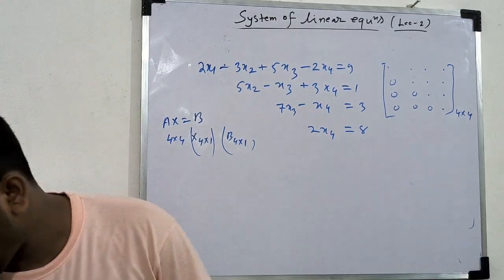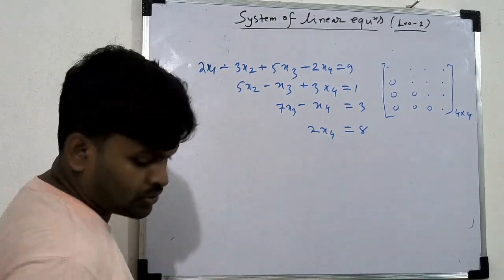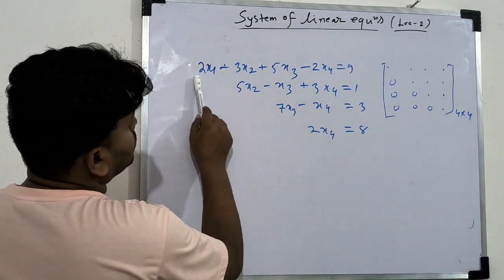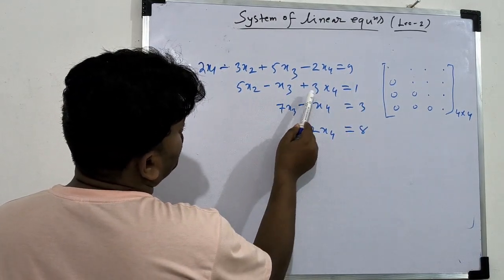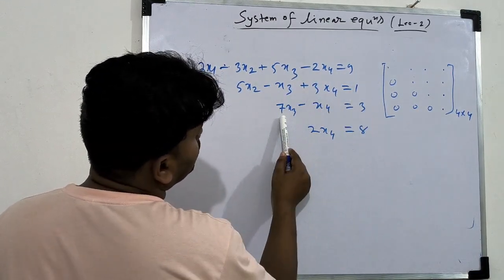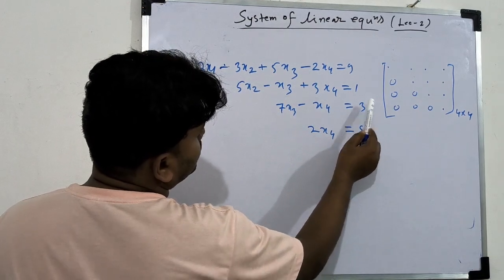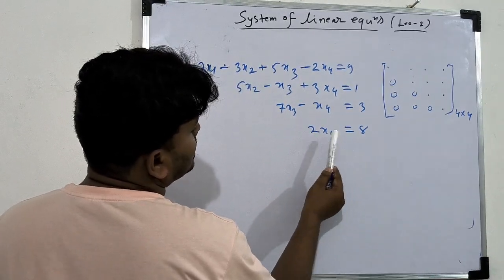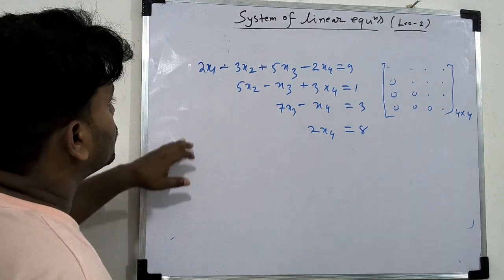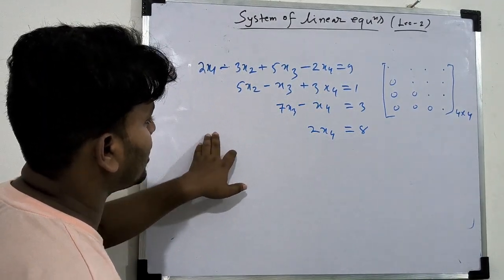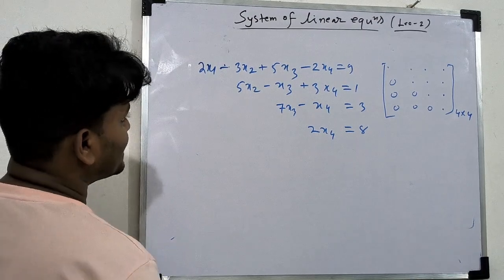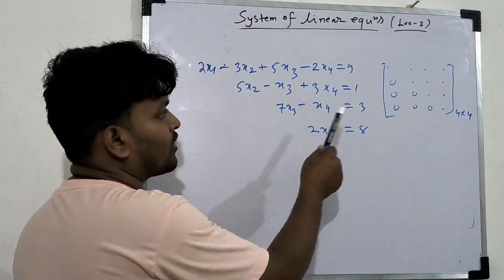So what happens in this case? 4 coefficients are non-zero in the first equation, 3 coefficients are non-zero in the second equation, 2 coefficients are non-zero in the third equation, and 1 coefficient is non-zero in the fourth equation. So the first coefficient is 0, then the first and second coefficients are 0, and then the first, second, third coefficients are 0.